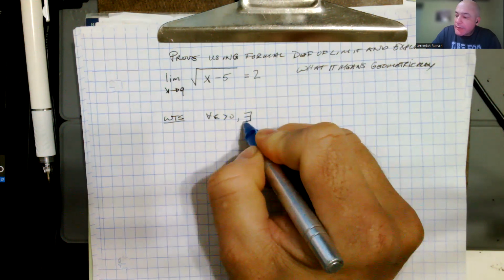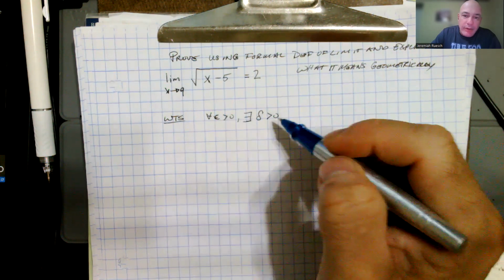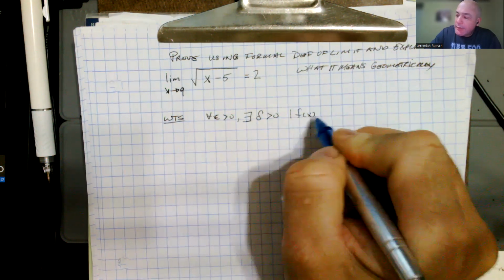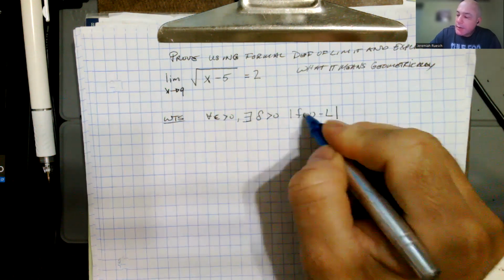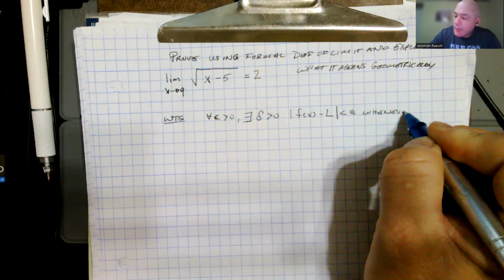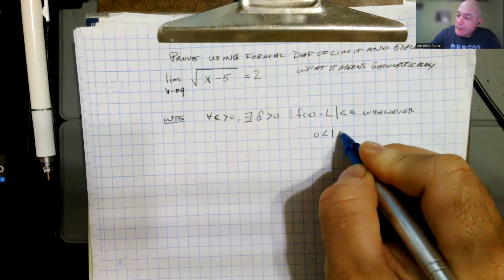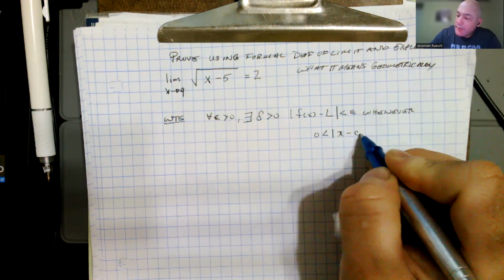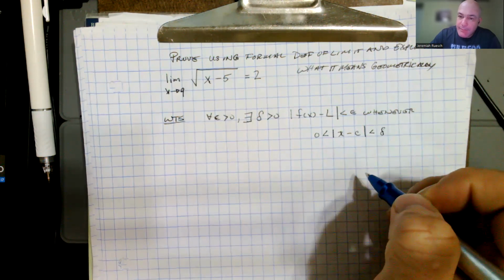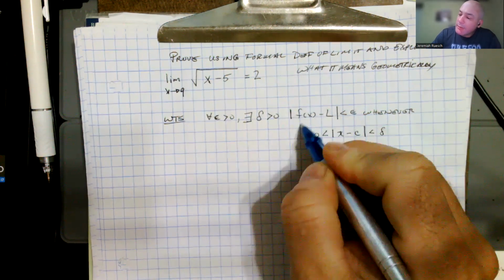There exists a delta greater than zero, such that the distance f of x minus the limit is going to be less than epsilon whenever the following condition is held: whenever 0 is less than or equal to the absolute value of x minus c, the point that you're taking the limit at, is less than delta.